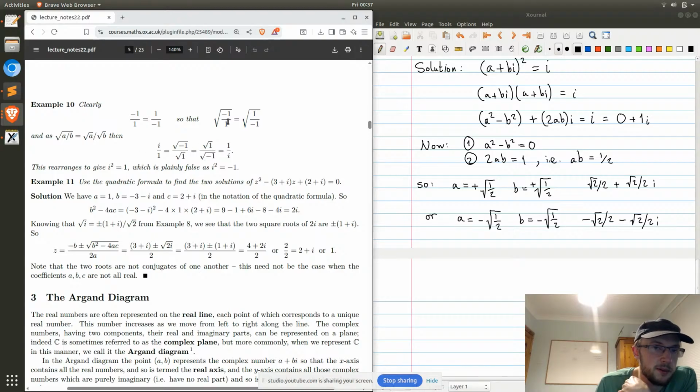That means on the left, we're going to have i over 1. And on the right, we're going to have 1 over i. But when you rearrange this and you cross multiply, you get that i squared is equal to 1, which is plainly false, because by definition, i squared is equal to negative 1. So that's a clear fallacy. Can't do that.